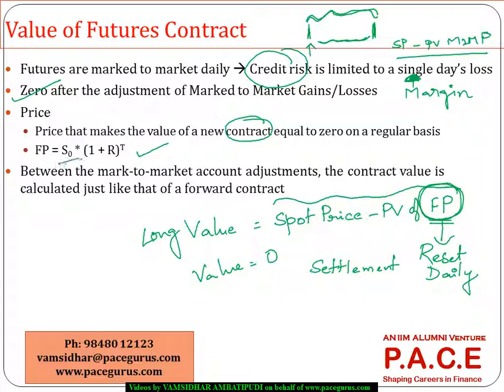So the spot is updated on a daily basis, multiplied by (1 plus r) to the power t. The formula still remains the same, but this number keeps changing on a day-to-day basis, and based on this we arrive at the futures price. And as I have already highlighted, between the two mark-to-market dates there are times.